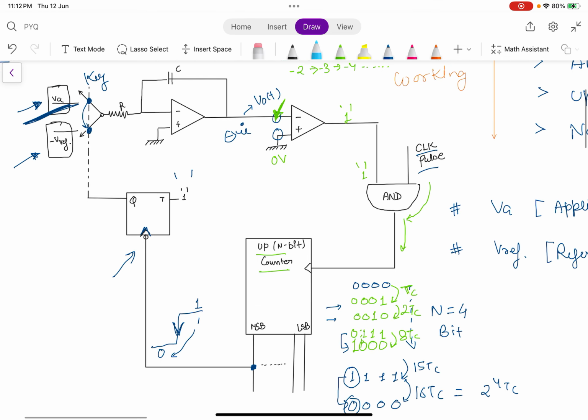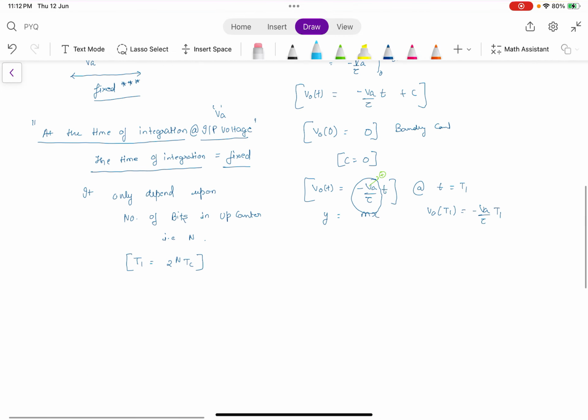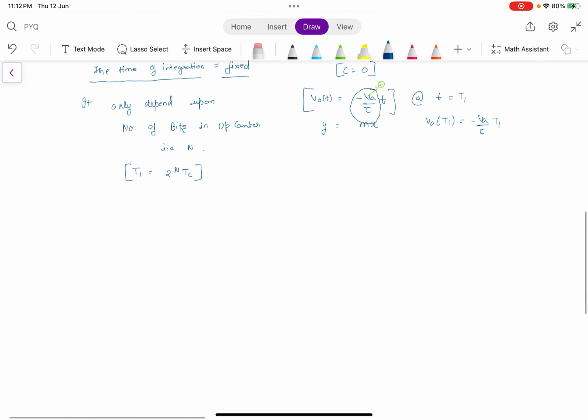As next, when the T flip-flop triggers the value, the integrator will get minus V reference as an input. So we will write the equation: V0 is your present value, VA into T divided by tau, plus now the integration from T1 to T of V of T dt.